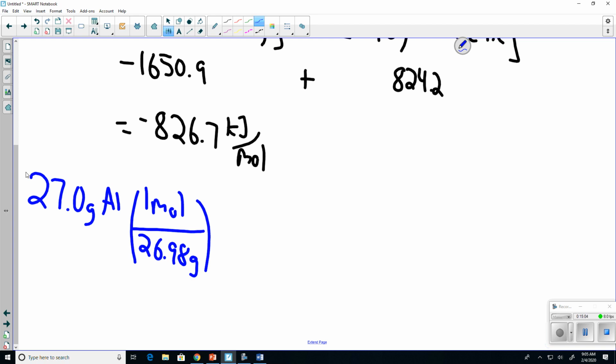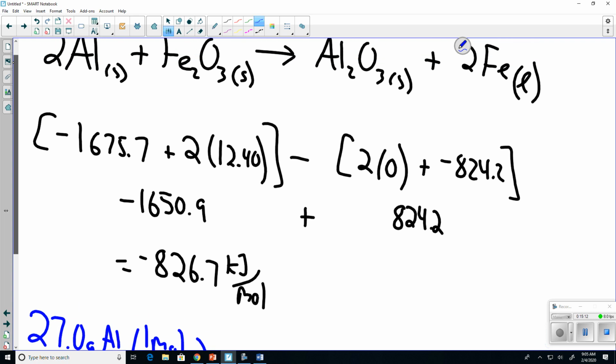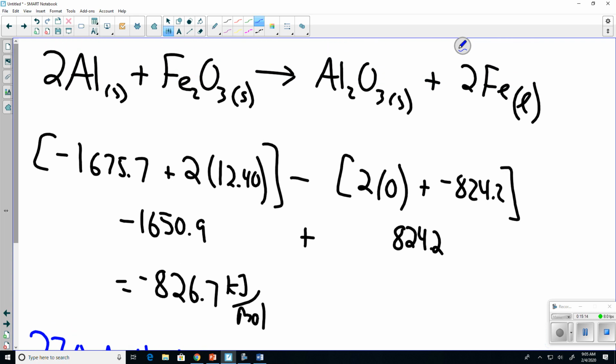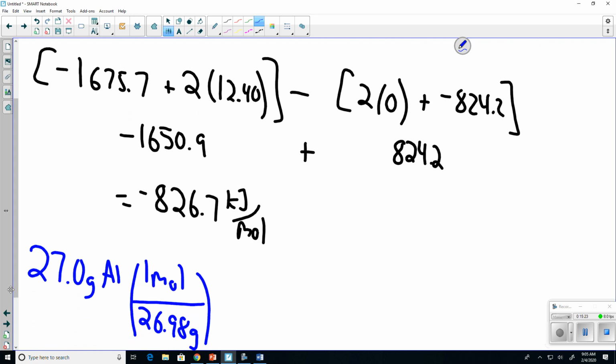Now, that would get me moles of aluminum. If you remember from what we have discussed before, there are 2 aluminums for every 1 reaction. So that's where a little bit of stoich comes in, because this value right here is per mole of reaction.